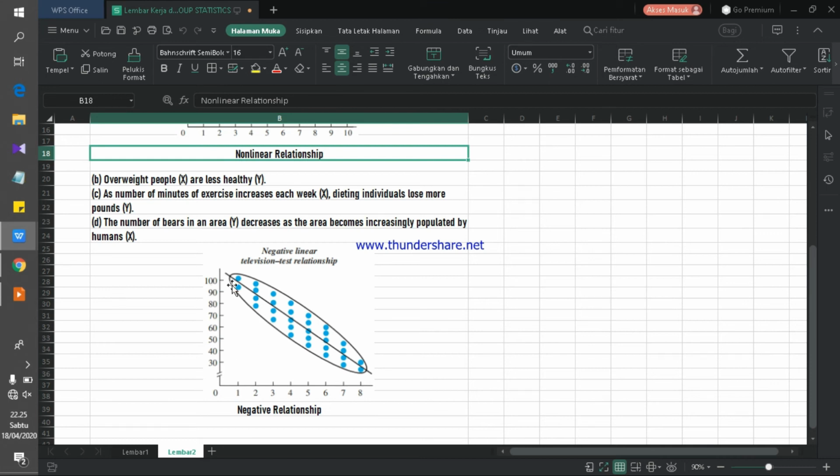So it is decreasing. So for part B, we can indicate that the relation is a negative relationship, because the score of Y is decreasing, meanwhile the score of X is increasing.